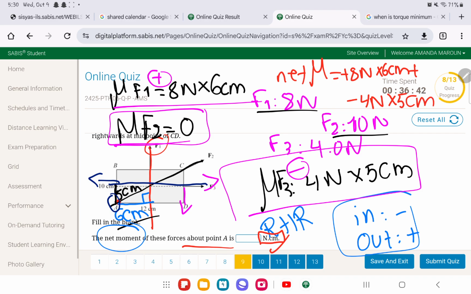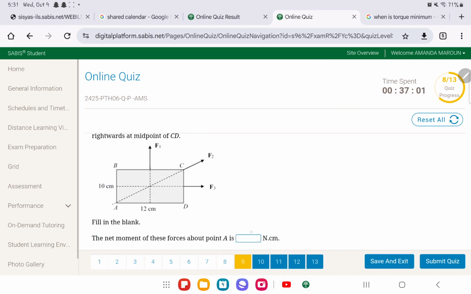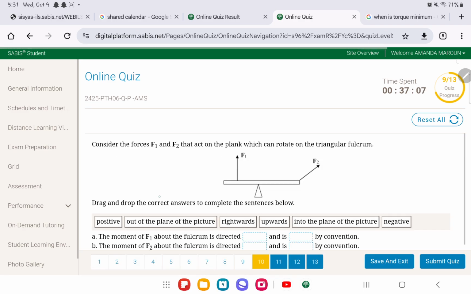So if we do this on our calculator, it is 8 times 6, okay, minus 4 times 5, and we are gonna get that the net force is equal to 28 newton per centimeter. So if you noticed, it's all the same equation. So here the answer is 28.